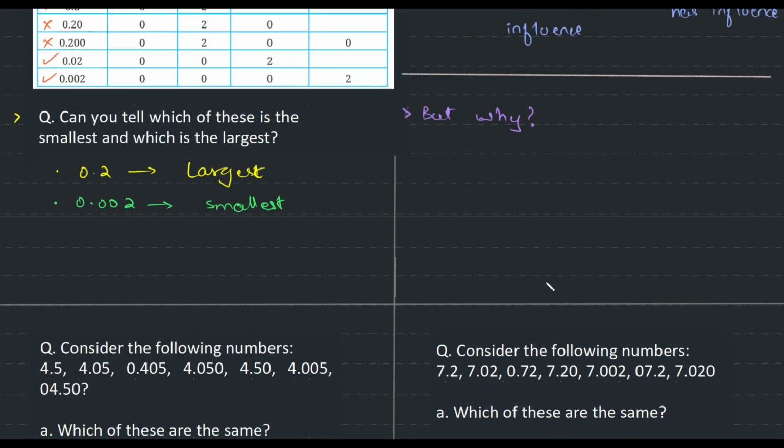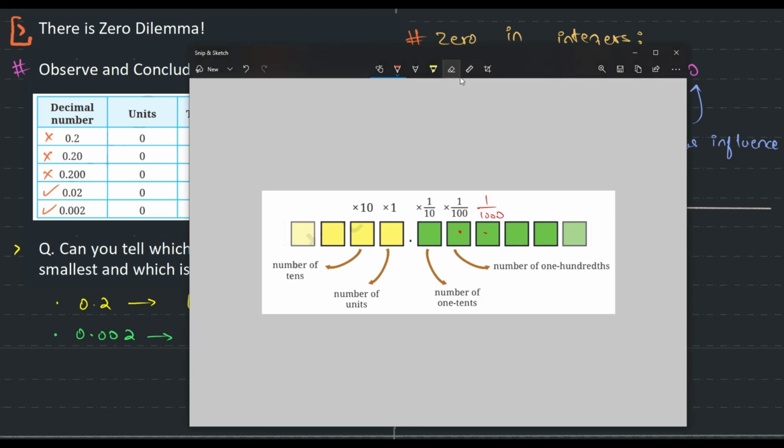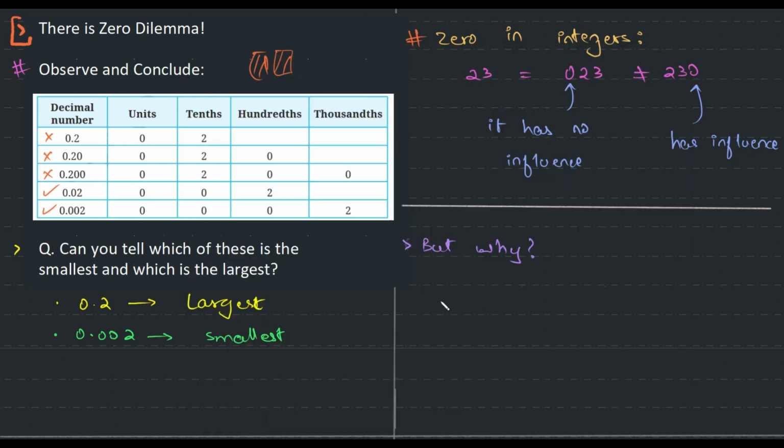But why? Let me go back to our fraction representation. 0.2 is nothing but 2/10 of a number, while 0.002 is nothing but 0 into 1 by 10 plus 0 into 1 by 100 plus 2 into 1 by 1000.